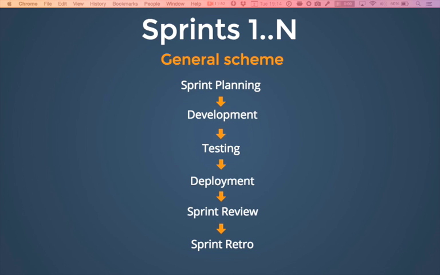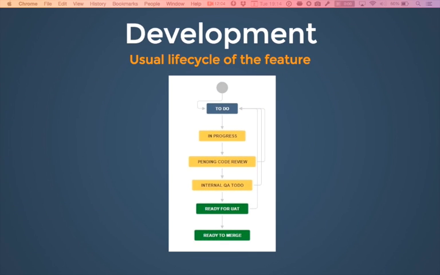So if you remember this funny circle when I talked about Scrum, this is how it's represented by this scheme. So, okay. How does the development look? Usually a feature goes through some stages. This is a pretty common case. It depends on the project, of course, and on the team, which way they prefer, but basically that's it. First you get a new feature, then somebody starts working on this, then somebody should do code review.